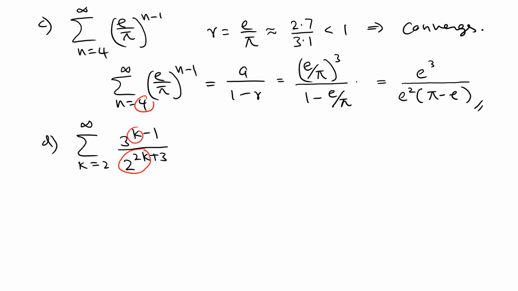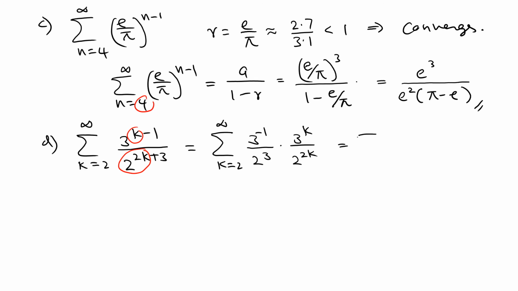Those are the terms you can isolate. So sigma k from 2 to infinity, it is 3 to the negative 1 and then 2 to the 3, and you can see there's a 3 to the k coming from the top and 2 to the 2k coming from the bottom. You can also simplify this a little more.